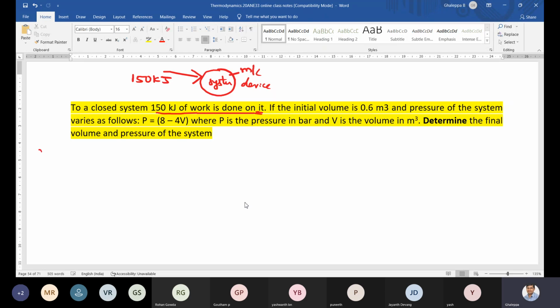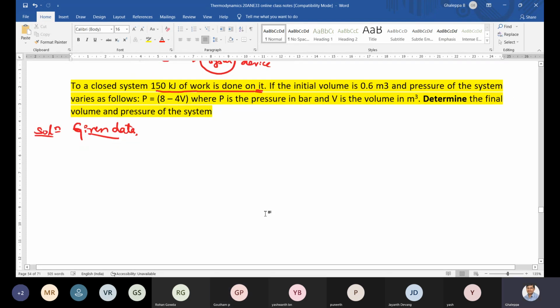So step number 1, I am writing the given data. Now you tell me what should I write here? Minus 150, sir. Minus 150. Which value is it?